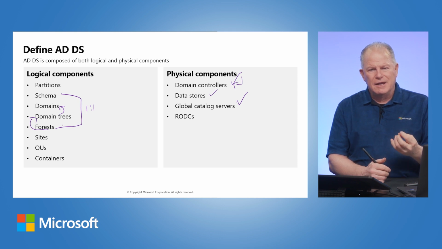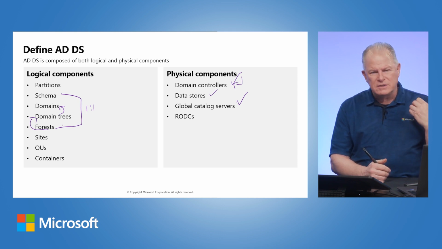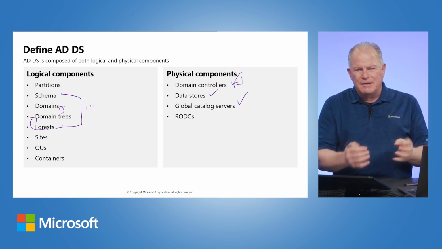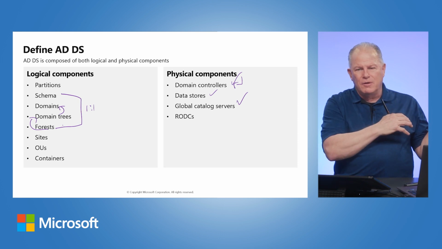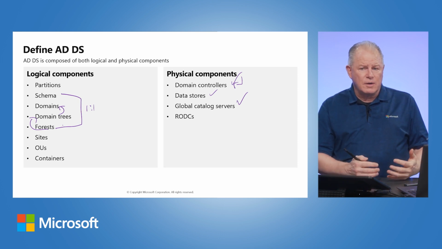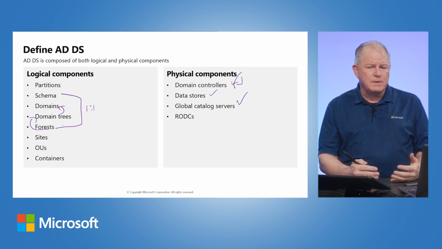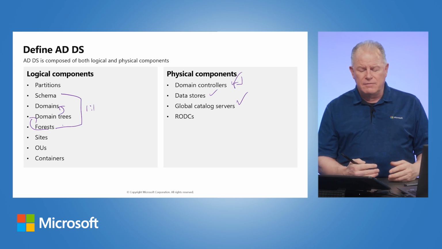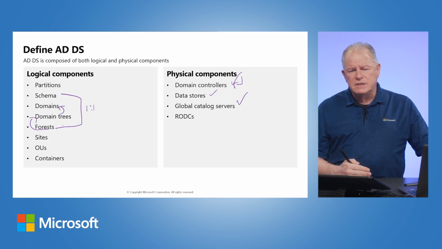So you can't artificially seed or poison the domain information by compromising that machine and replicating it back. Also, it was secured and locked down, hopefully encrypted, so that if it was taken, people wouldn't have that information. So RODCs are an important part in the design and the deployment of these domain controllers.